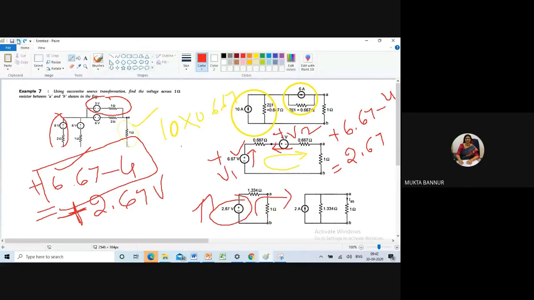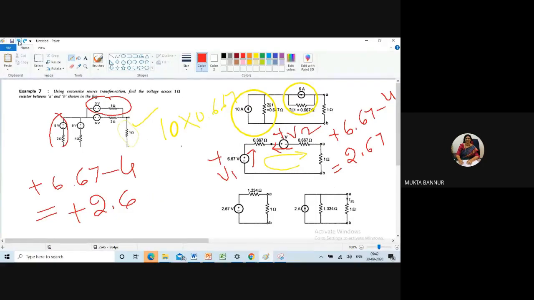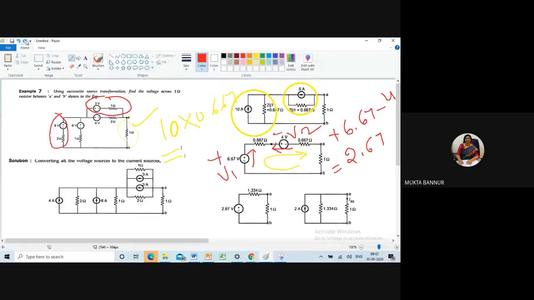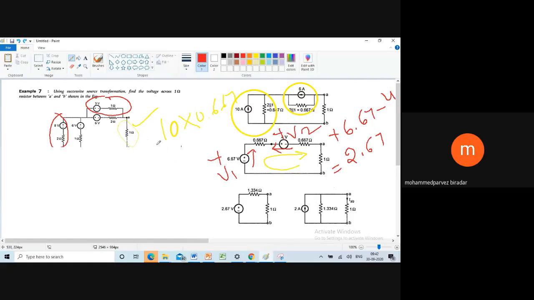Yes, Ajay? Yes, ma'am. Okay. Now, see here. Even with this circuit, you can evaluate a current in a circuit. What is our objective? Come back to the original statement of the problem.